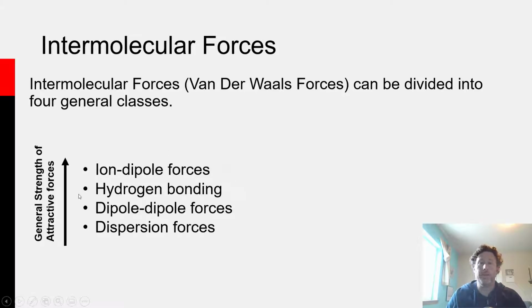So we're going to talk about all these types of molecular forces, but we're really going to focus on the lower three. And the idea is that dispersion forces are the weakest, dipole-dipole forces a little stronger, hydrogen bonding a little bit stronger still, and ion dipole forces tend to be the strongest.